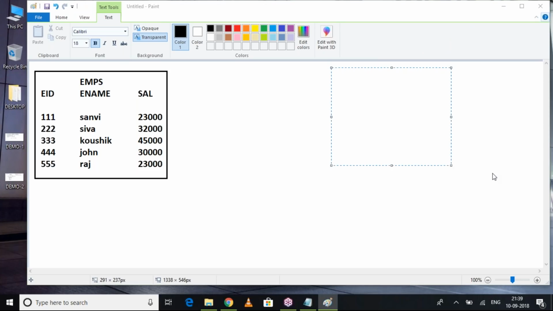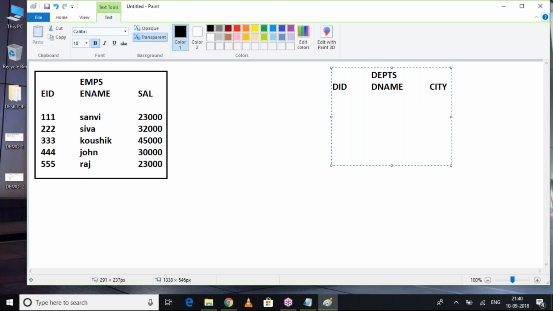The first object is employees, and I am going to discuss the second object, departments. Department ID, department name, department city.